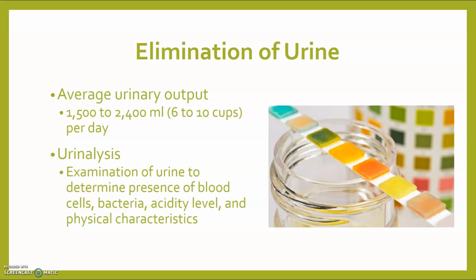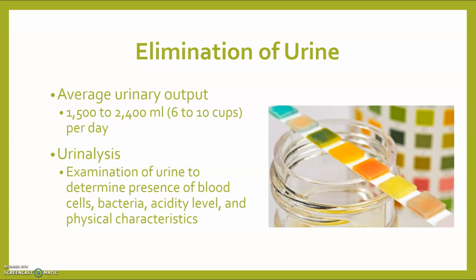And along with understanding how much urine output is made each day, there are other things that can be detected by looking at urine. And a type of test to analyze urine is called a urinalysis. This is an examination of urine to look for things like blood cells, because blood cells should not normally be present in urine.